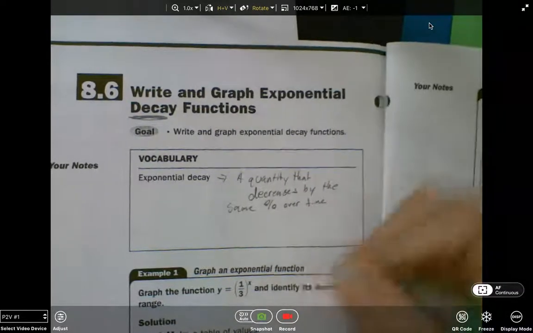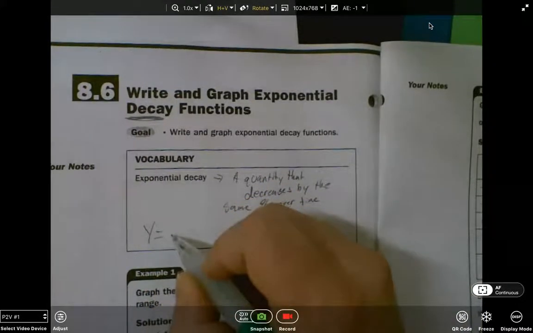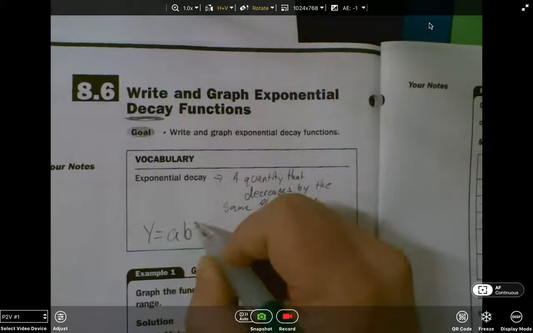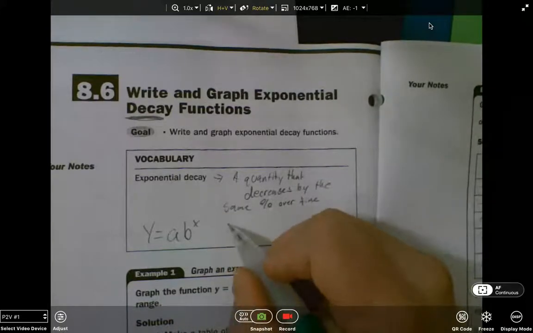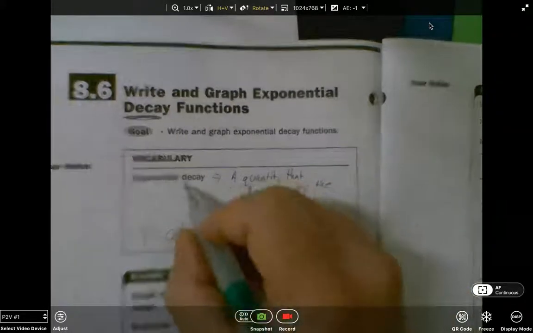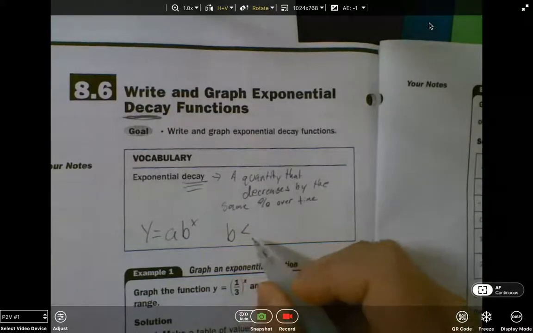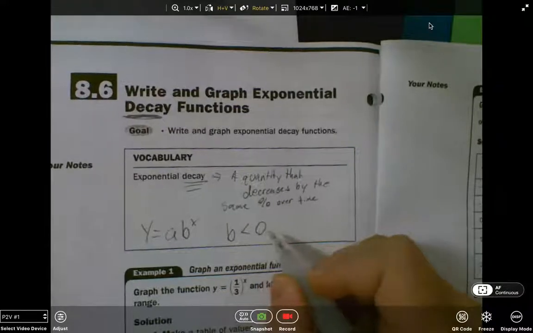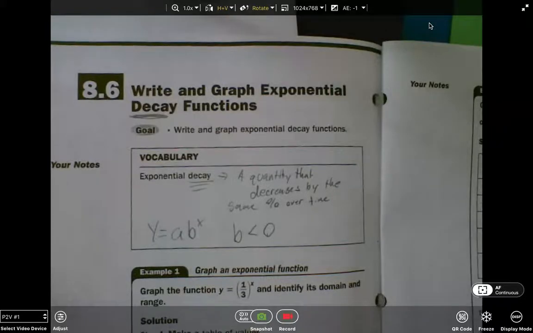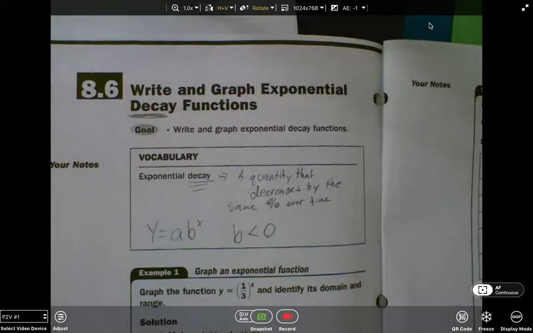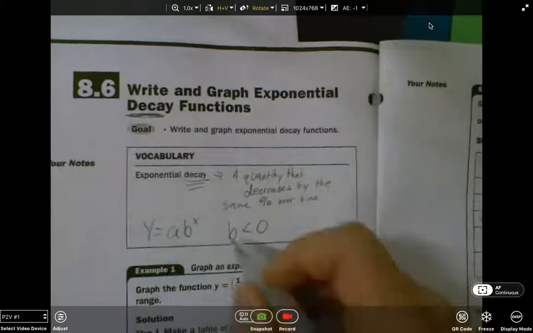So the main difference in your usual format from last section, a times b to the x, remember, a was your y-intercept. The difference now is that b, for decay, will be less than 1 and greater than 0.